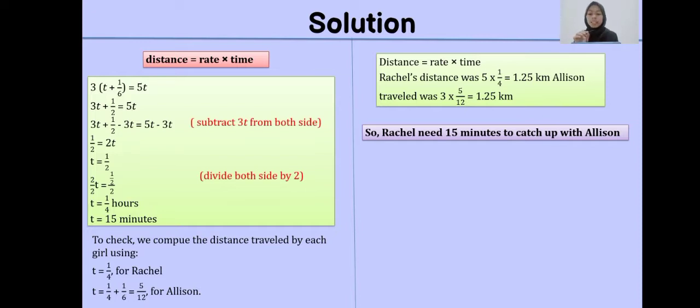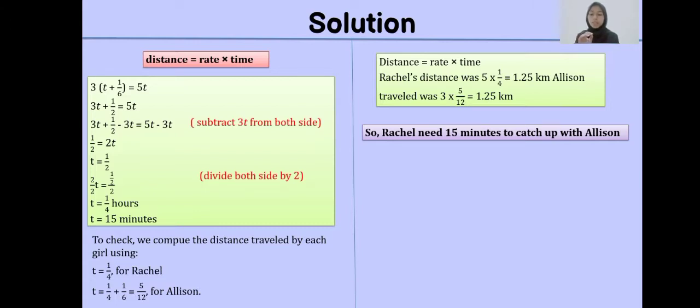And then we have to subtract the 3t from both sides so that we can find the value of t. So 3t minus 3t is 0, so we only have 1/2 left.